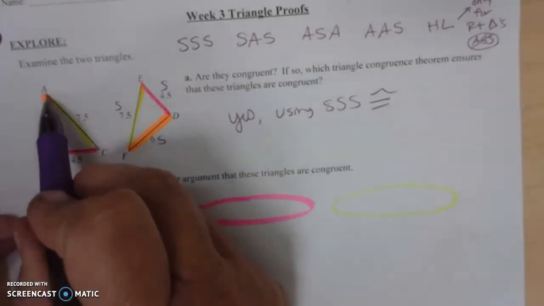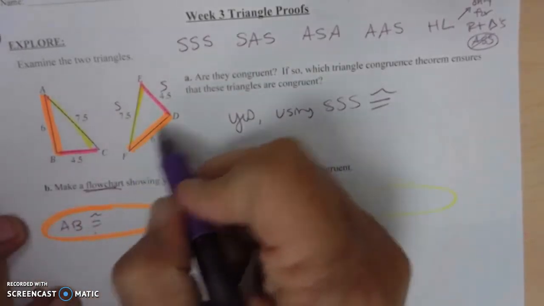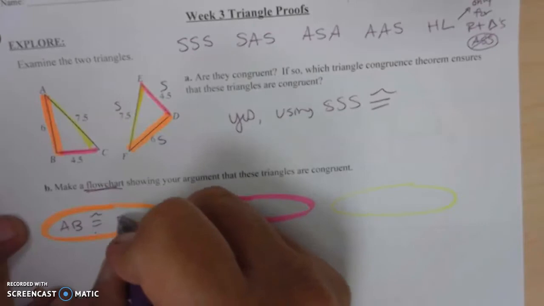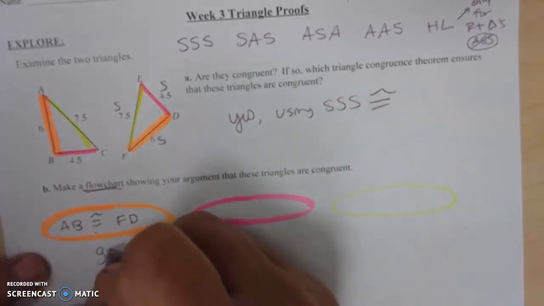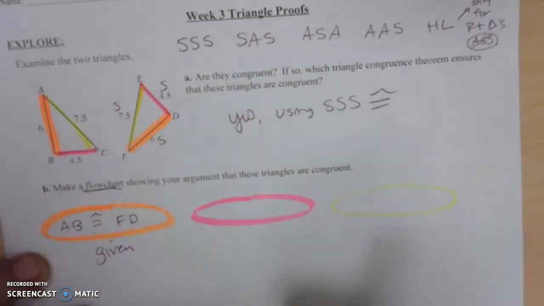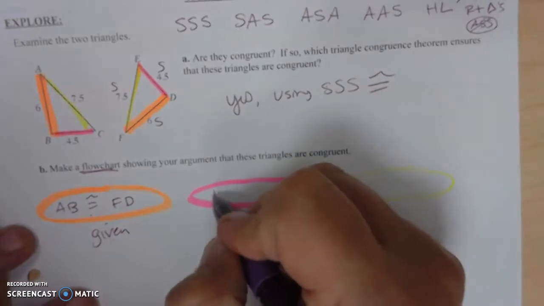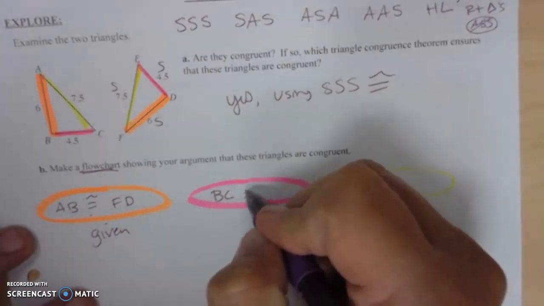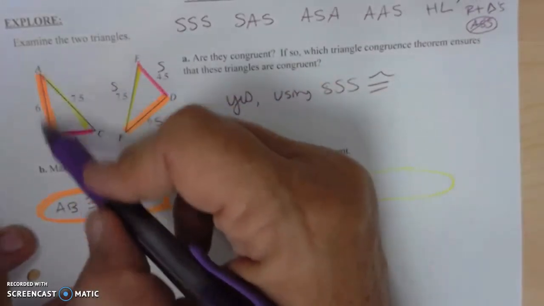We proved that AB is congruent to FD. And how do we know that? Well, it was given, right? So it was given in the picture, so we're going to call it given.